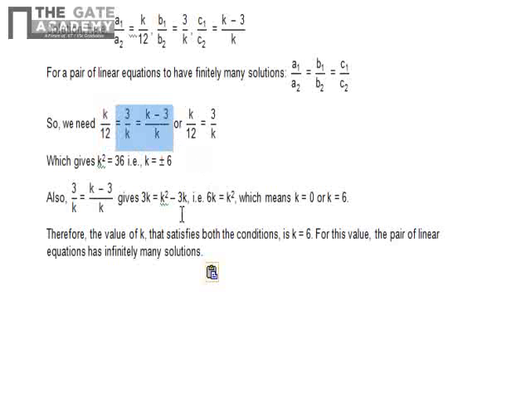So this will give k as 0 or k as 6. If we compare, here we get plus 6 and minus 6, here 0 and plus 6. Then the common solution to both options is plus 6. So the value of k for this pair of linear equations is 6, for which the solutions will be infinite.